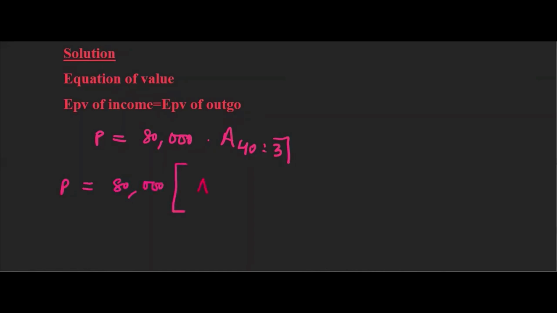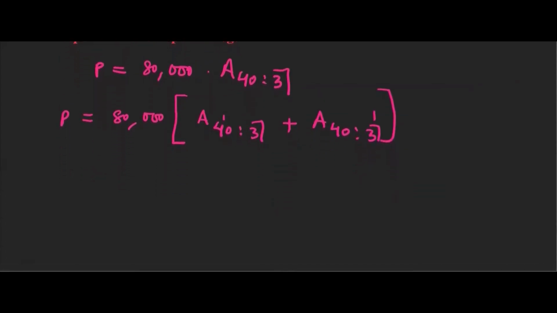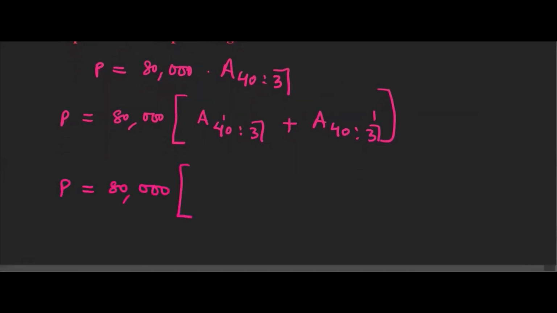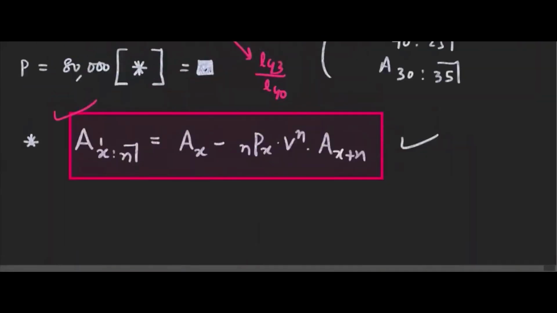So let me write it this way, A43 term here plus A43 endowment here, this way. Then you write P here, 80,000 here, and this one you can do this way, 4%, right? See, this formula you can use and you can find the value.